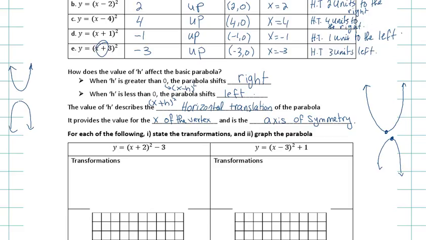The x value of the vertex is the same thing as the axis of symmetry. Can you guys describe what the axis of symmetry does to your graph? It splits your graph in half, right? So the x value is your axis of symmetry.